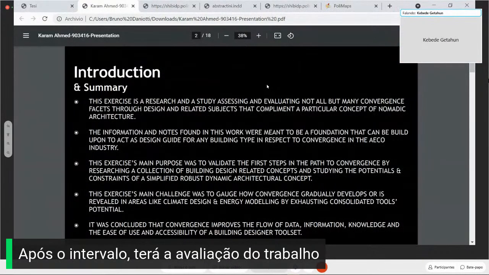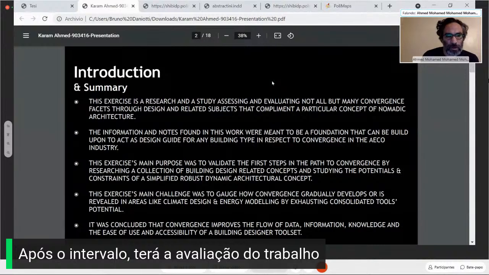This is an introduction of what the exercise is and how the thesis work was done and carried on. The exercise is a research and study assessing and evaluating not all, but many convergence facets through the design and related subjects that complement a particular concept of nomadic architecture.